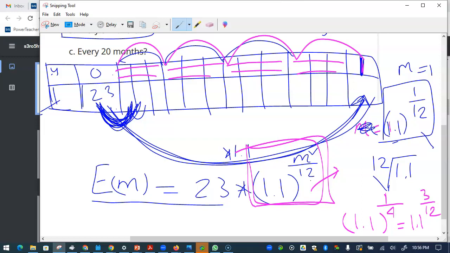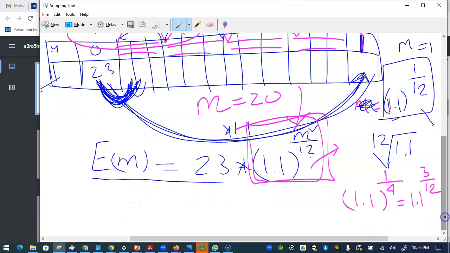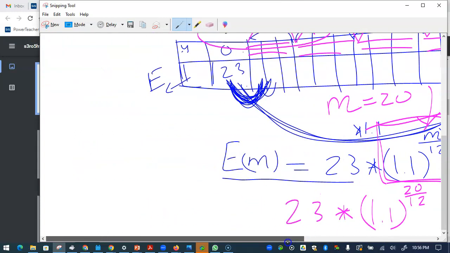And the next one is asking you every 20 months. So what do you do? You plug m equals 20 into this problem. So if it is 20 months, you just put 23 times 1.1 raised to 20 divided by 12. That can be reduced, so this is going to be the factor.